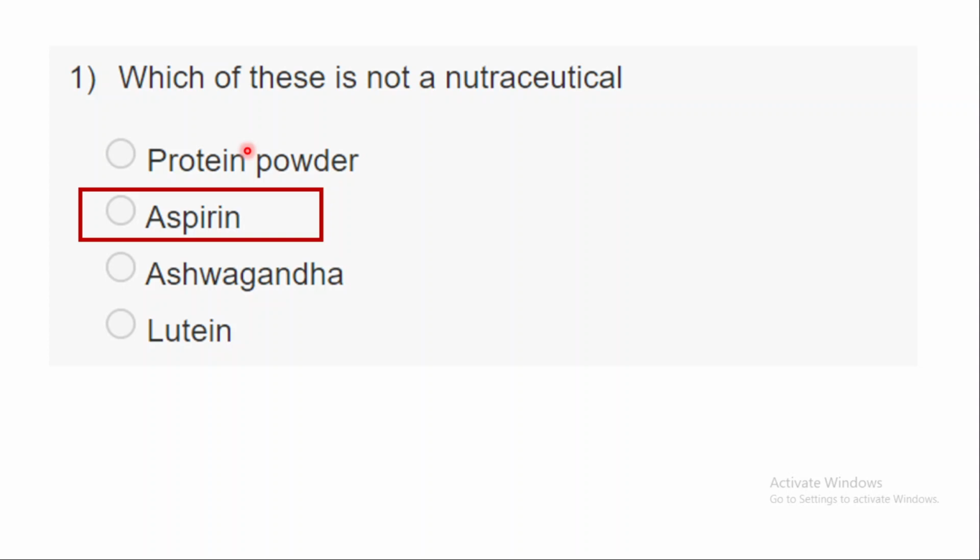It's giving you a supplementary intake of protein. Ashwagandha is an Ayurvedic, I think, Ayurvedic root of a plant or something, which will again give you nutritional value. Lutein is also a kind of nutraceutical, but aspirin is a pharmaceutical. That's what makes it different.